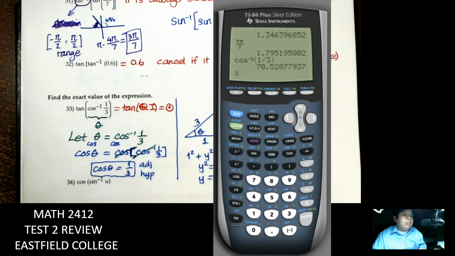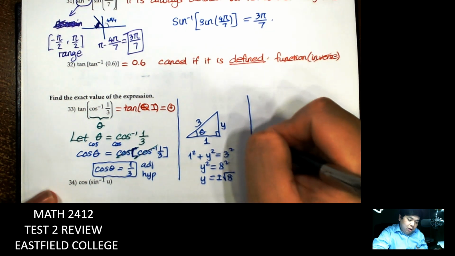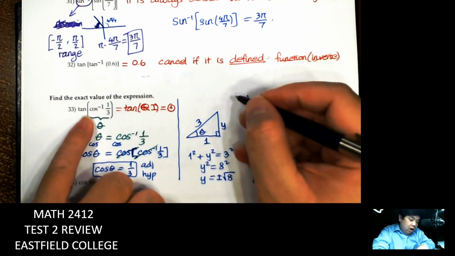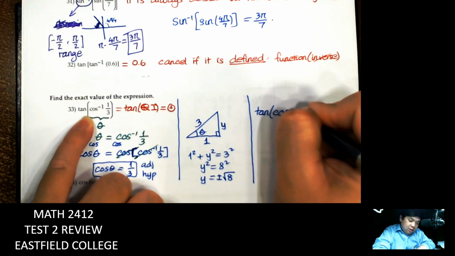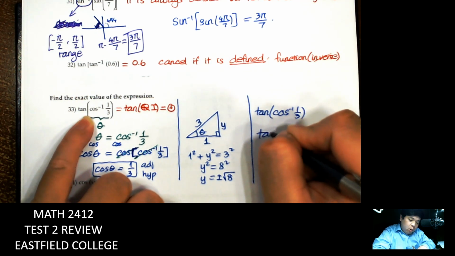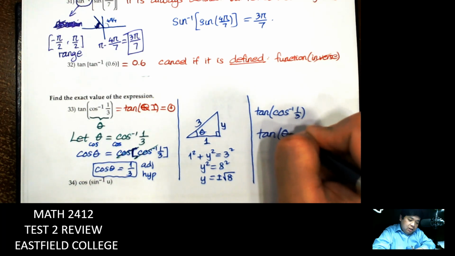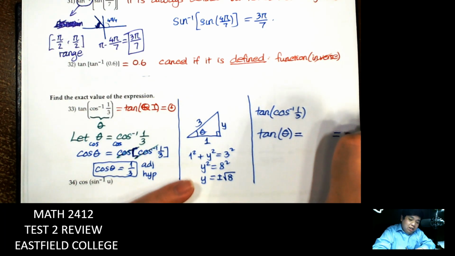So whether we choose the plus or negative here, not really important. Right. Next, what we're trying to find is tangent of the cosine inverse of 1/3. And the cosine inverse of 1/3 is theta. And we do know that whatever it is at the end is going to be positive.